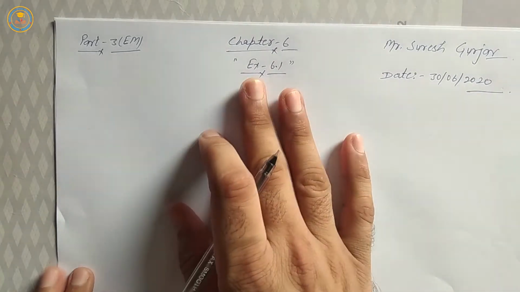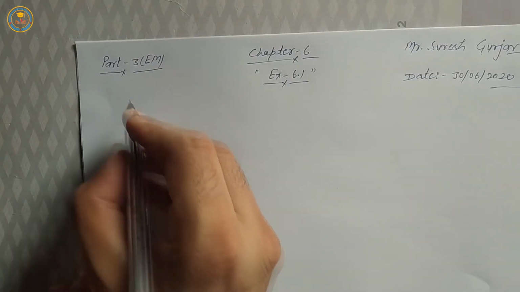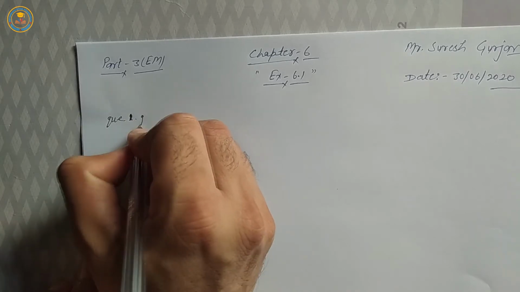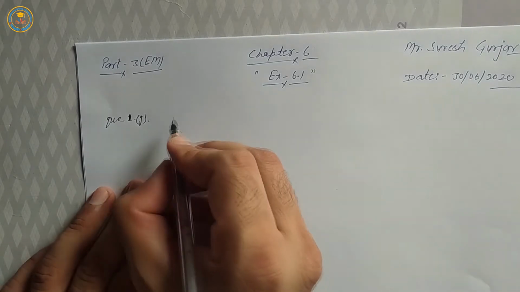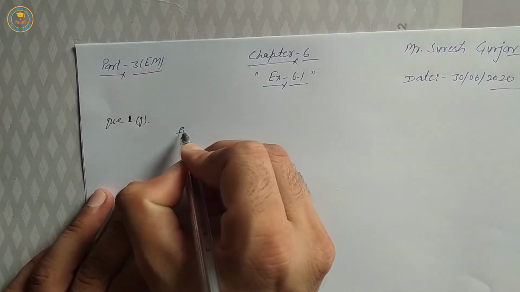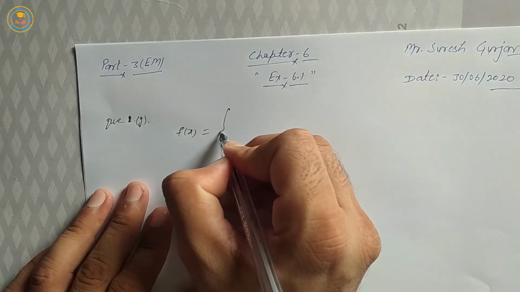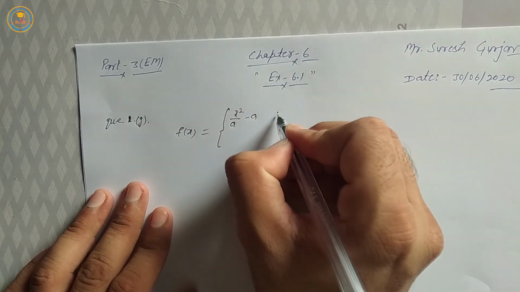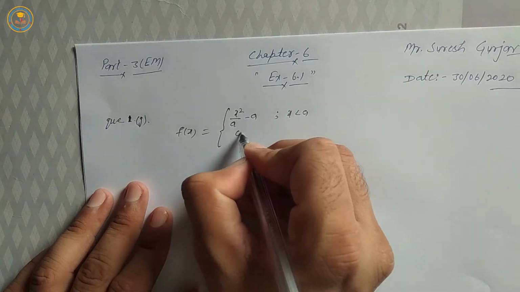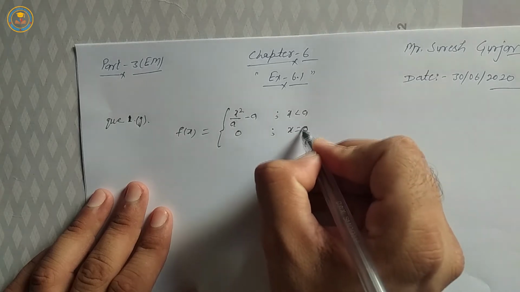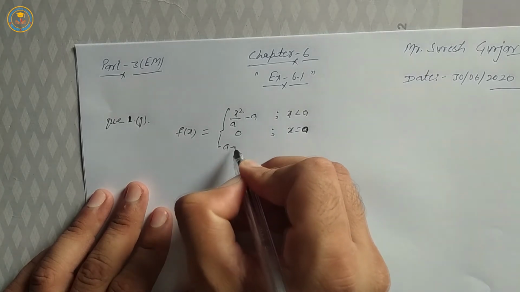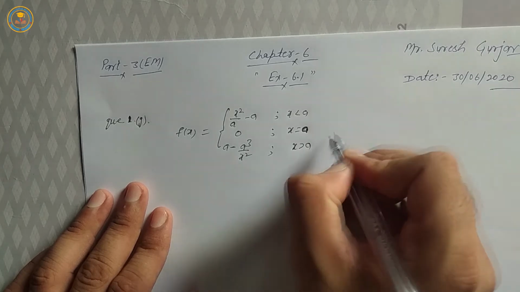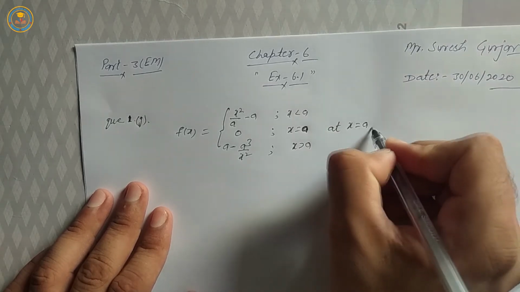And next question of exercise 6.1. First of G. f(x) is equal to x square upon a minus a such that x less than a, 0 such that x is equal to a, and a minus a cube upon x square such that x greater than a, at point x is equal to a.